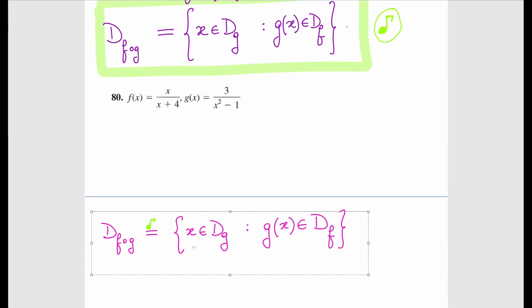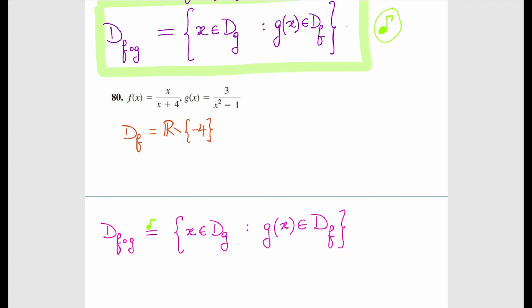How about the F first? What's the domain of F? You should be now familiar with how to find the domain of a quotient. You should be convinced that this is all real numbers except -4, right? The domain of this function is the collection of all real numbers except -4.